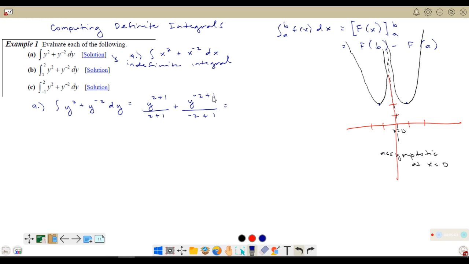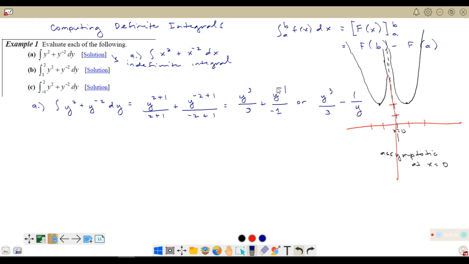Let's simplify. Our value for the indefinite integral is y cubed over 3 plus y raised to the negative 1 over 1. Ay, negative 1 kasi negative 2 plus 1. Or, that is equal to y cubed over 3 minus, tapos, i-apply na natin yung law of exponents, you have 1 over y.